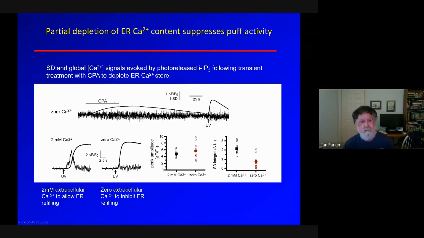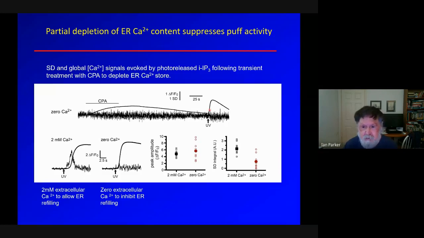We wash out the CPA, wait for a while, and then we photorelease IP3. And what you see now is we've still got a global IP3 evoked calcium release, but there's nothing on the SD signal. We have a calcium release mediated by IP3, but without any puff activity underlying it.